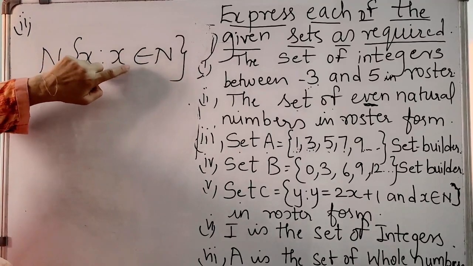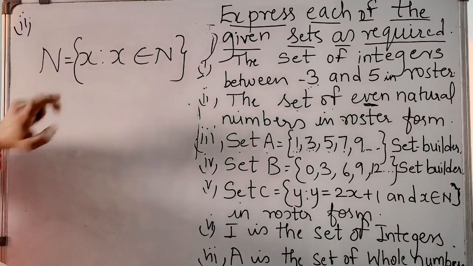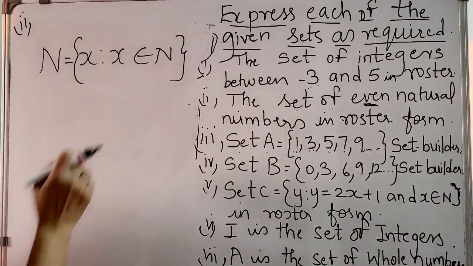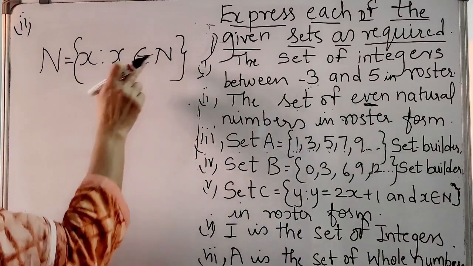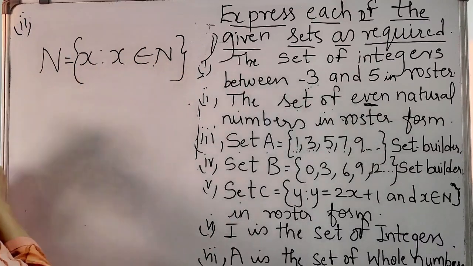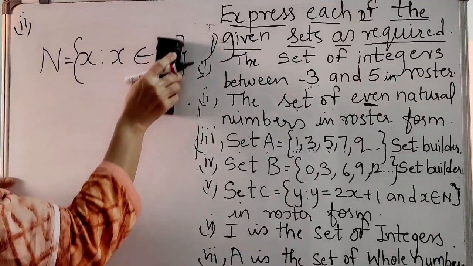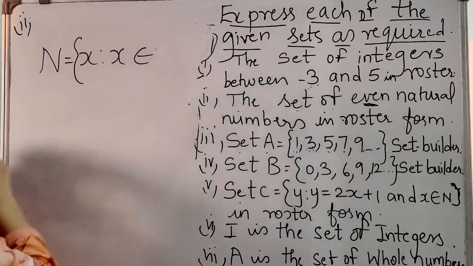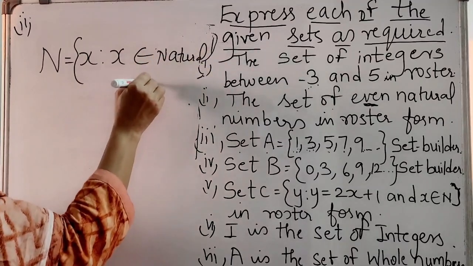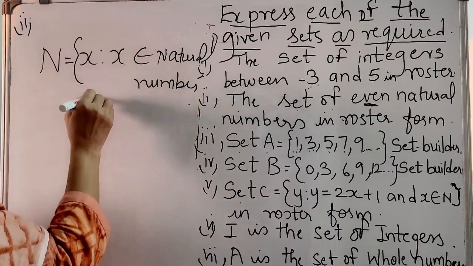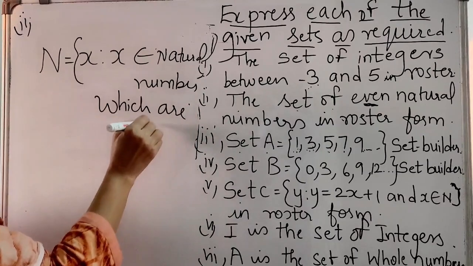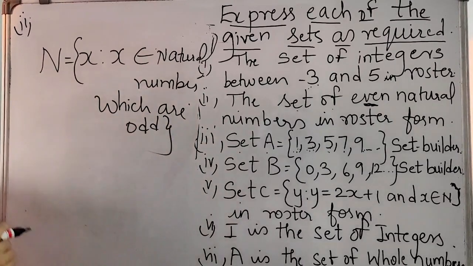The moment you see natural number, you know it, but here the natural numbers are odd. So you can write in brackets odd numbers, or you have to write x belongs to natural numbers which are odd, and put the curly bracket.